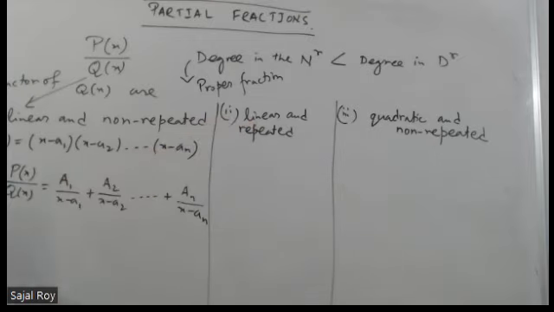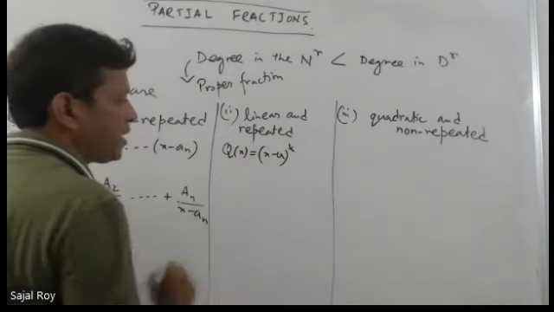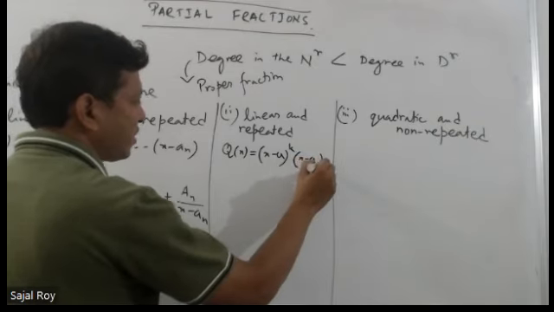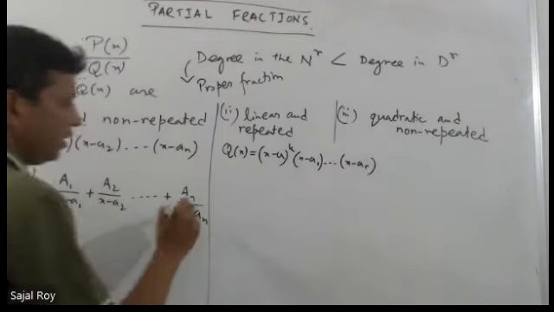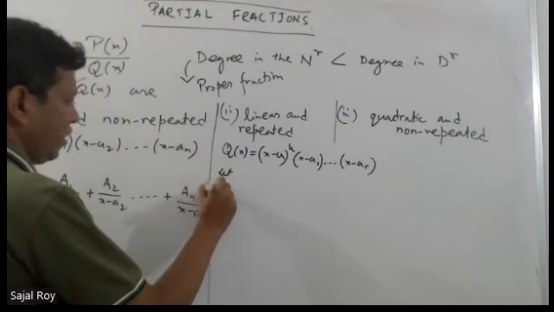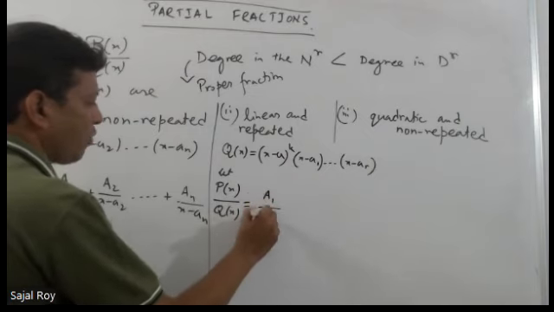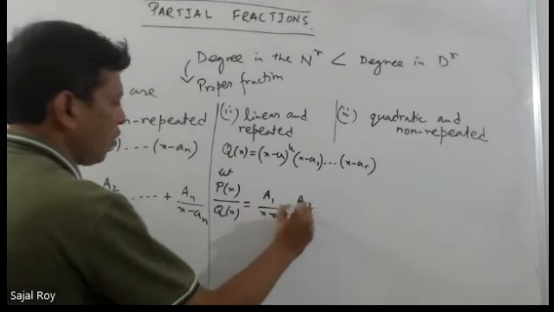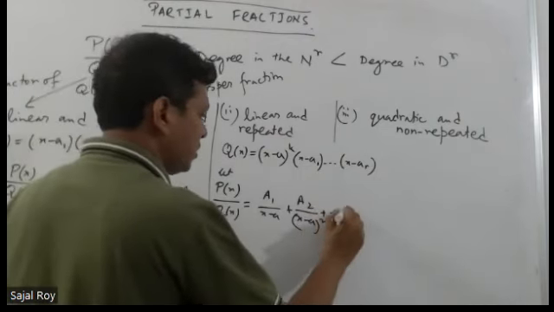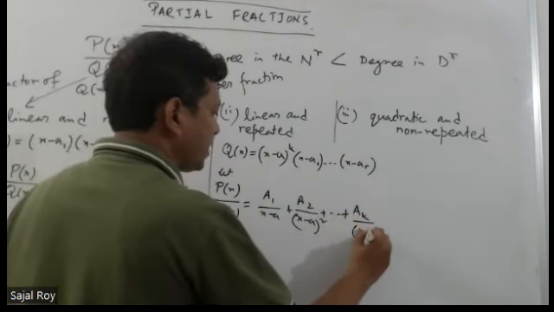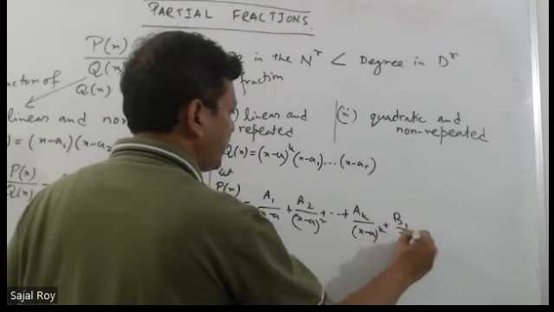If it is linear and repeated, suppose your q(x) is in this form: (x minus a) to the power k and some other factors (x minus b1), and so on. Then you write p(x) over q(x) as A1 over (x minus a), A2 over (x minus a) whole square, and so on up to Ak over (x minus a) to the power k, because the repetition is k times, and the others you write similarly as B1 over (x minus b1), etcetera.